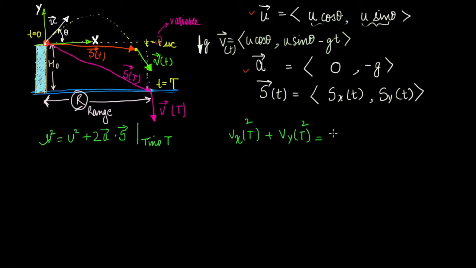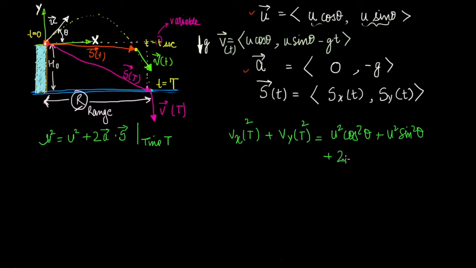That can also be expressed as u squared cosine square theta plus u square sine square theta, which is the same as u squared. I'm just expressing it because I know the expression of the initial velocity vector. If I have to take the magnitude of that, I take the squares of both the components and add them. And remember, that was the same thing I did here as well.